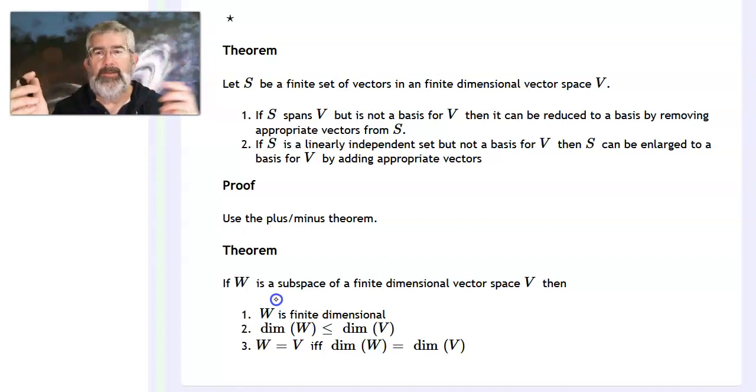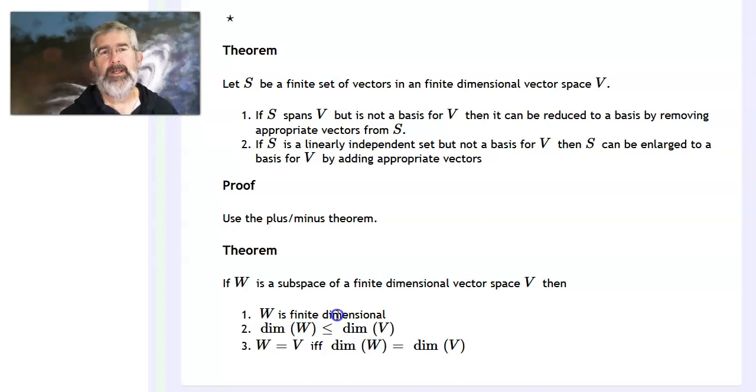If it's 7-dimensional, this list that I'm creating can't have more than 7 in it because then that wouldn't be linearly independent anymore, because V can only have 7 things, right? That is, eventually you'll be limited by the dimension of V as to how many things you can keep adding to that growing list of vectors trying to make a basis for W. Okay, so it has to be finite dimensional.